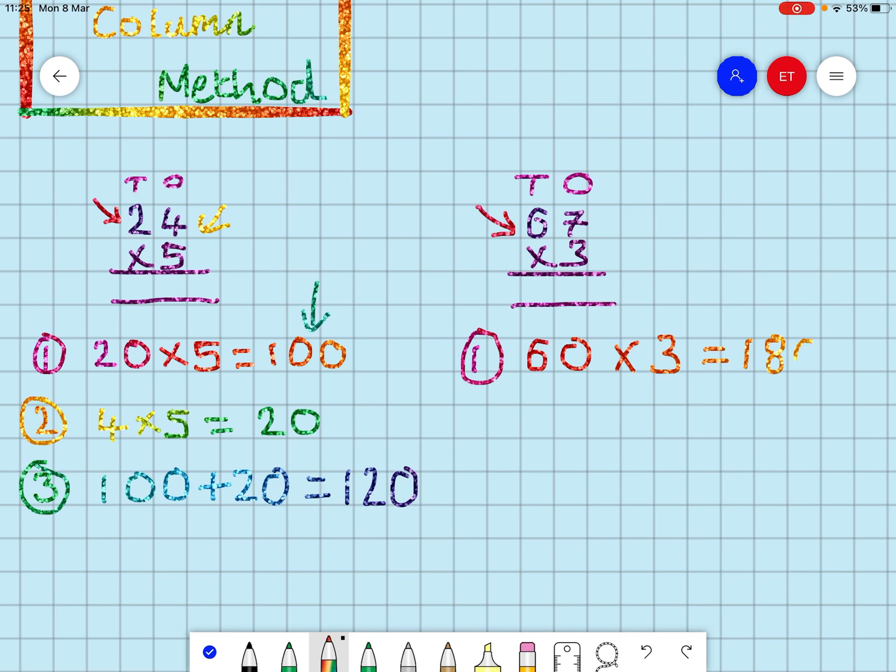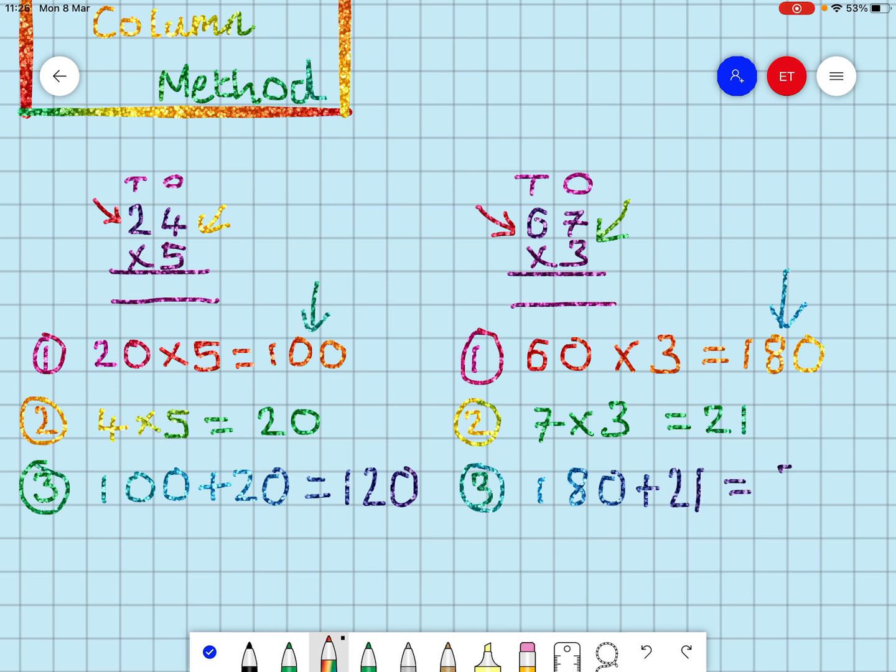So it will be 180. Then our second step is to multiply the 1s. So that's 7 times 3, which equals 21. And then our last step is to add these together. So 180 add 21 equals 201.